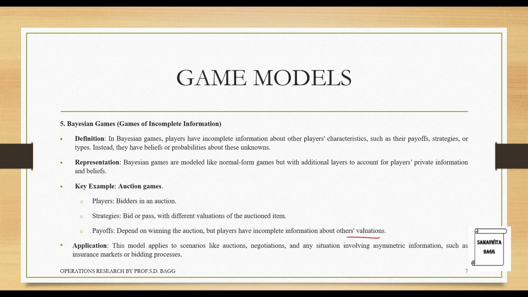So I think everyone is aware of the auction games where, say, a particular house is being auctioned. Many players come together, they want to buy the house at a particular price which they have already brought with themselves. So what happens is these bidders are going to bid for a particular price which is being quoted, and then they keep on increasing the bid such that they get the house, and the others try to bid against the first one such that they will get the house.